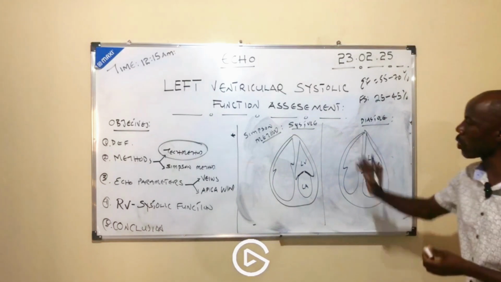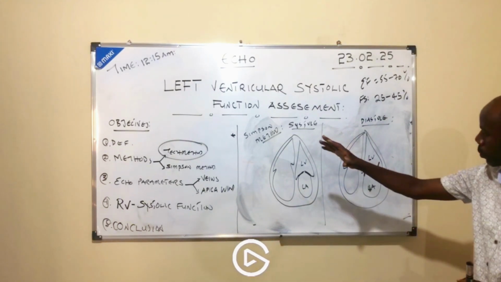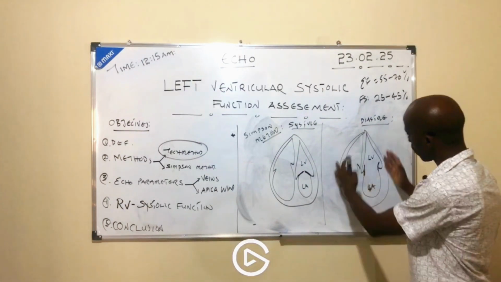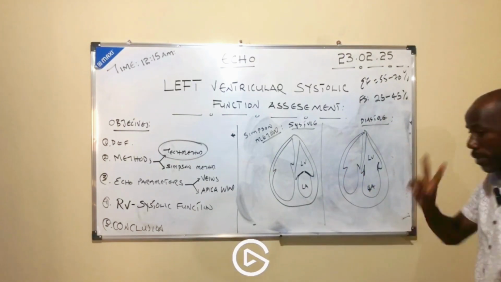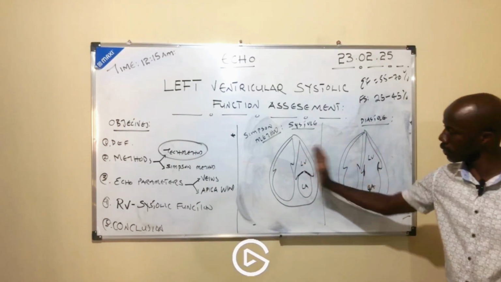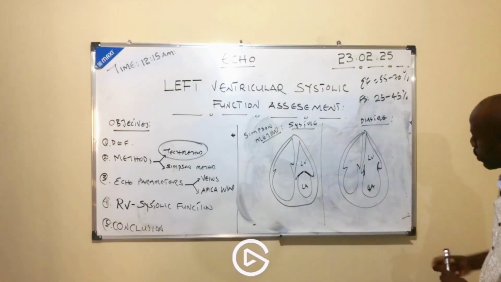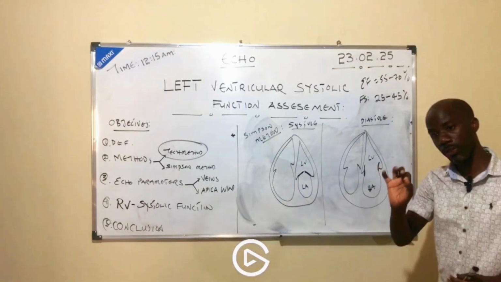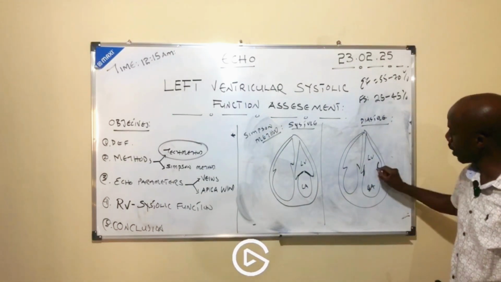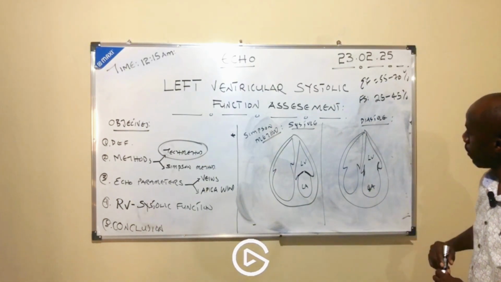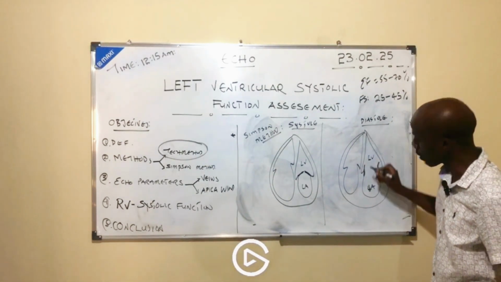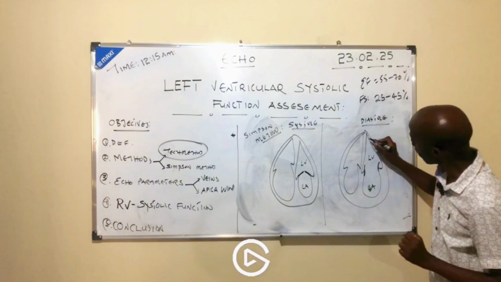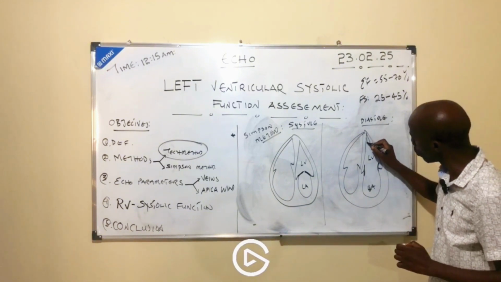And then you go into your cardiac protocols, you pick whether you want to use the 4 apical or the 2 apical. The 2 important things: one should be in diastole, one should be in systole. So you come to this one, you trace, depending on the ultrasound setting of your machine. Others you can trace, others you can actually do a biplane and it calculates for you. So if it means tracing, there are some few considerations that you need to take note of. Number one, make sure that you don't include the endocardium.